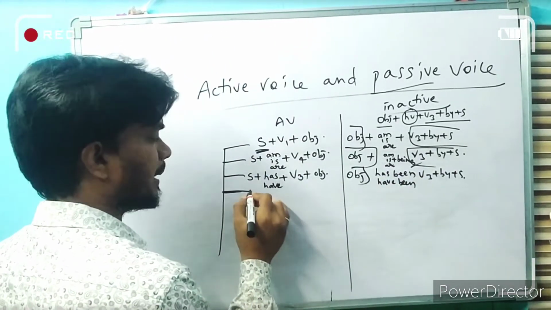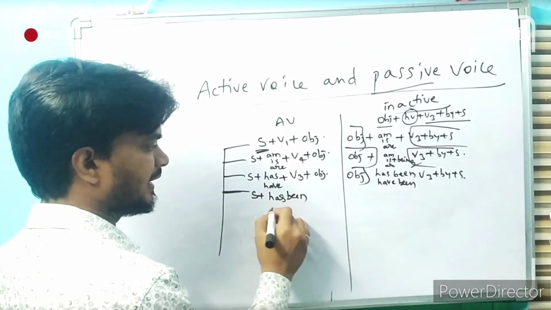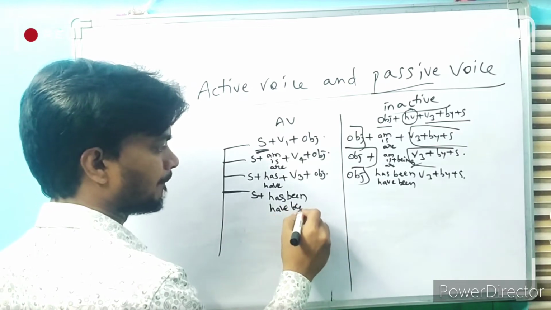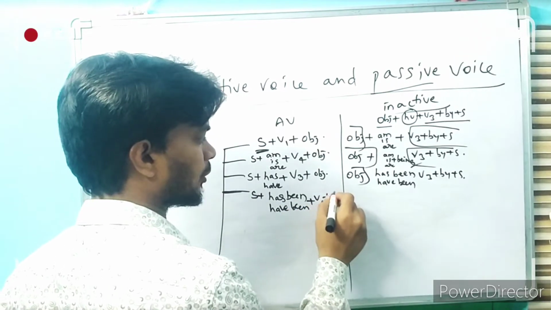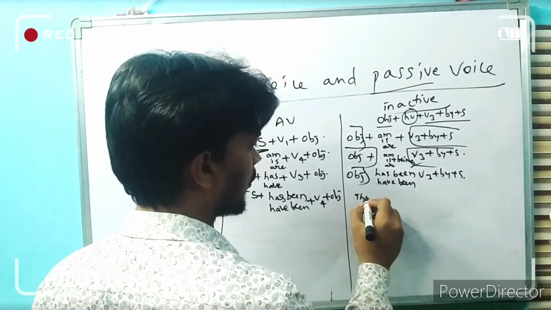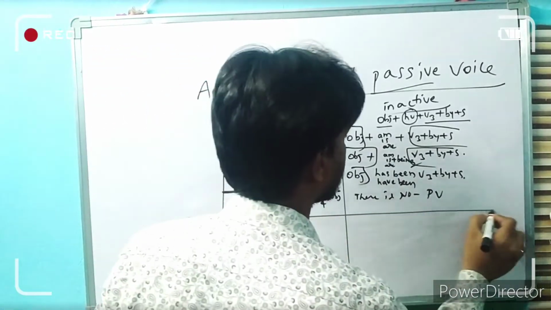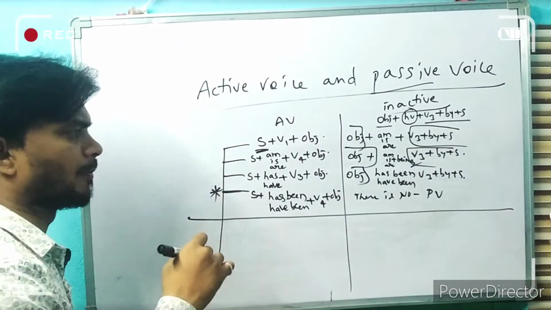Okay, fine. Present perfect continuous tense: subject plus has been, have been plus V4 plus object. But there is no passive voice for present perfect continuous tense. There is no passive voice.